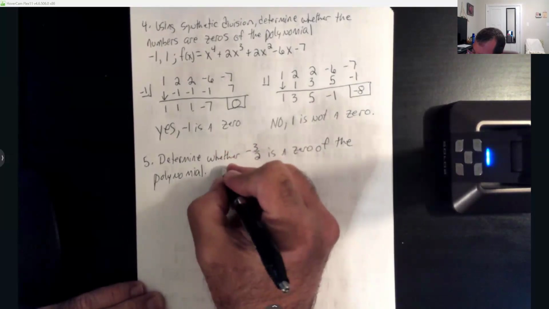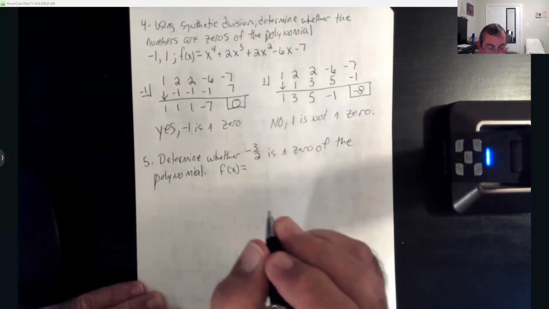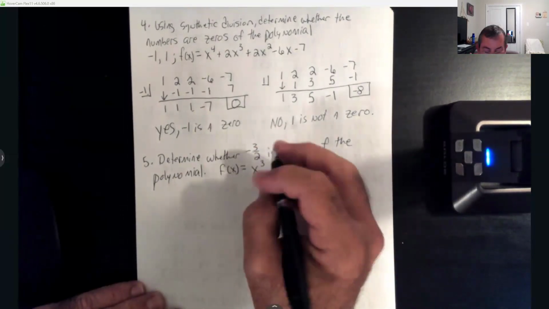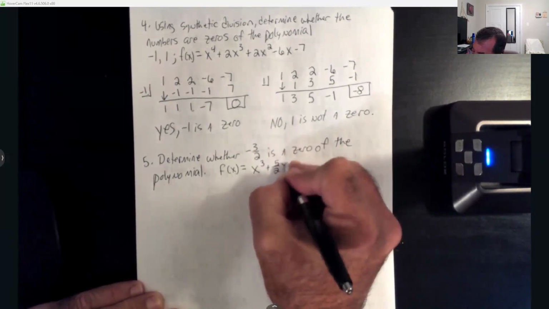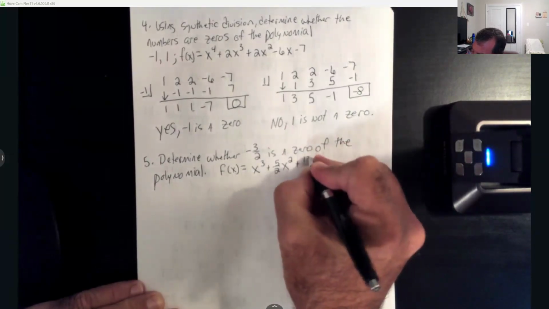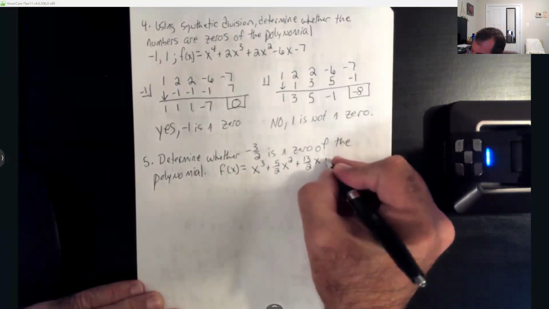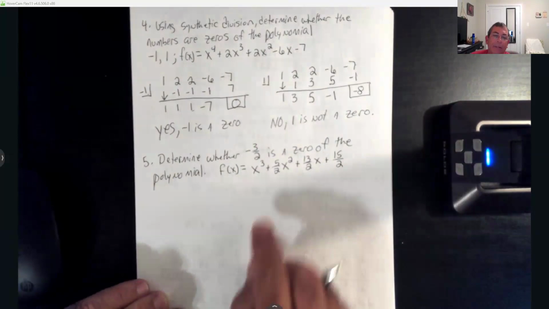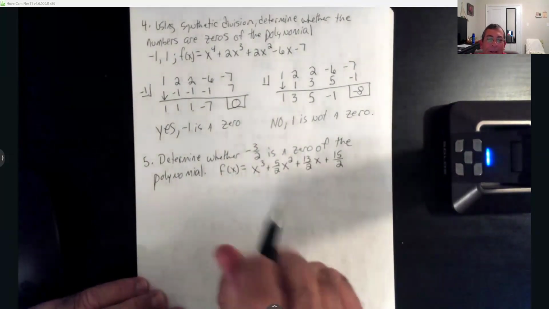So my polynomial is f of x equals x to the third plus 5/2 x squared plus 13/2 x plus 15/2. So they're breaking out the fractions on us.